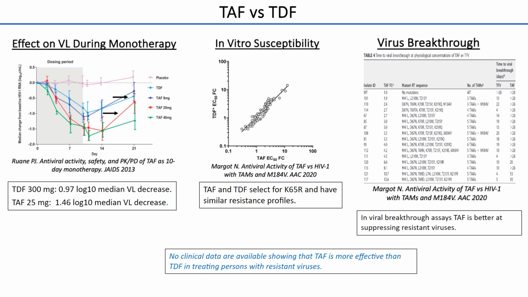Breakthrough occurred more slowly with TAF than with TDF. TDF was used in these assays because it is more stable than TDF in vitro. However, to date, no clinical data are available showing that TAF is more effective than TDF in treating persons with resistant viruses.